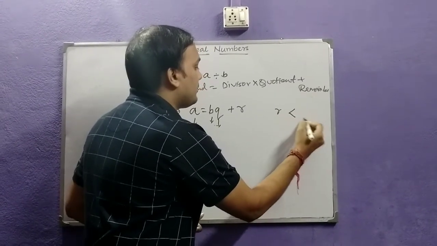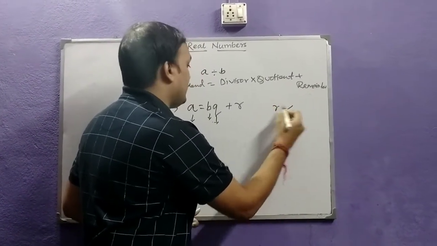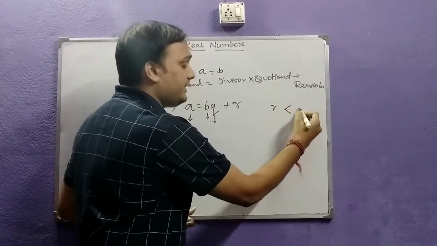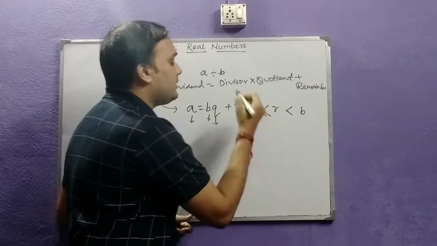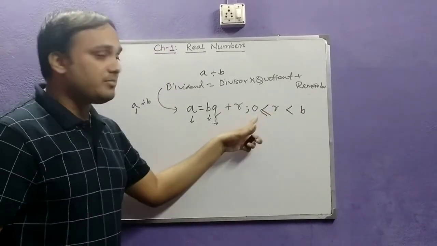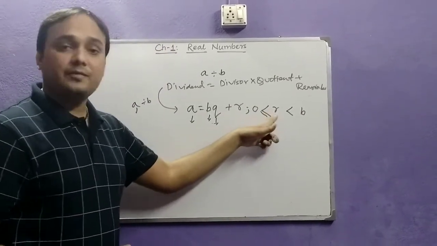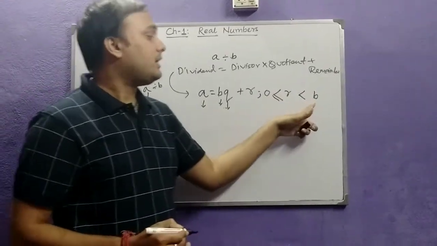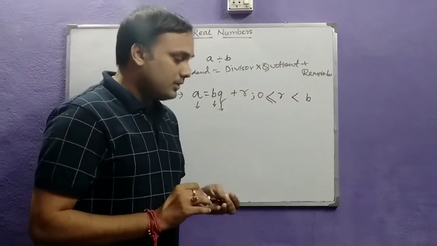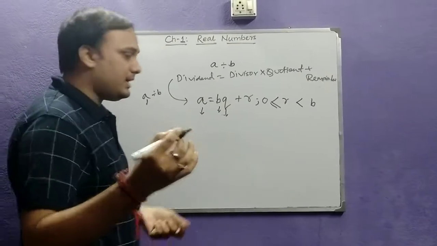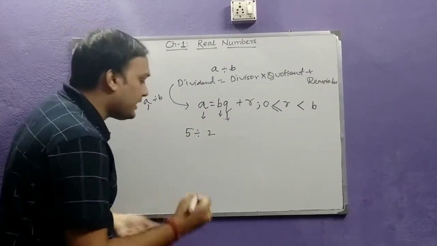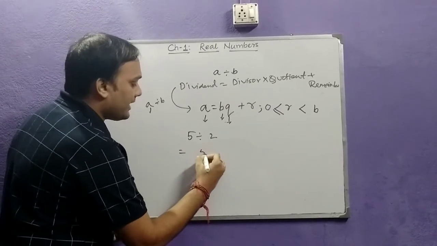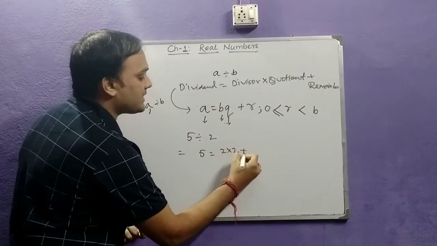less than the divisor b, but r can be greater than or equal to 0. That means the remainder can be 0, but if it is not 0, it will always be lesser than the divisor. For a very easy example, if I divide 5 by 2, I will get 5 = 2 × 2 + 1.